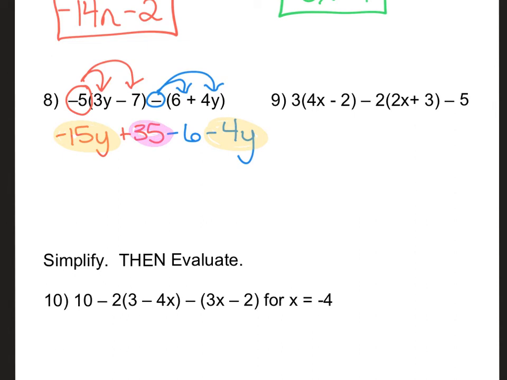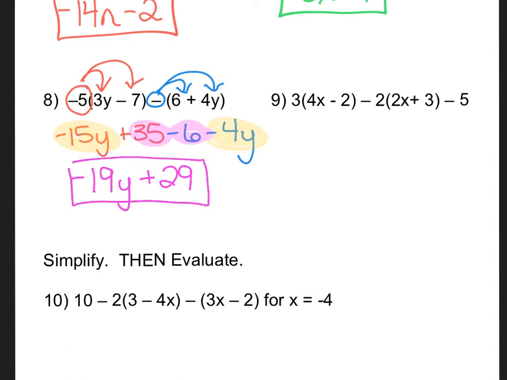And our number and our number. So let's start with the y's. Negative 15y minus 4y is negative 19y. 35 minus 6 is a positive 29. Can we do anything else? And we can't because they are not like terms, so this would be simplified.